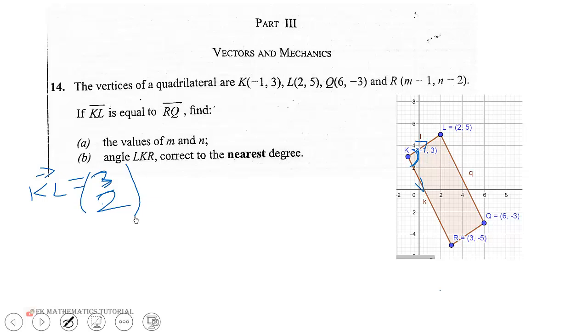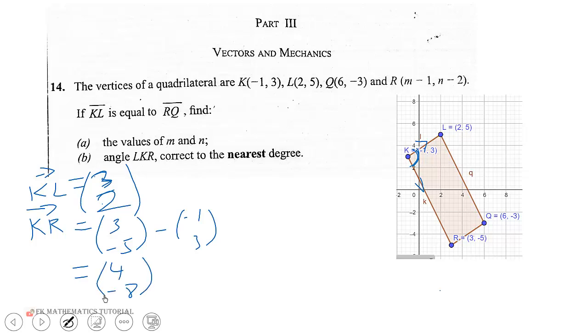Now left with vector KR. So vector KR will be equal to (3, -5) minus (-1, 3). So this will be equal to 3 minus -1, 4, and -8. Good.